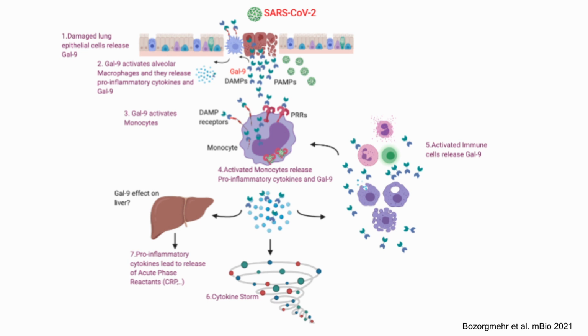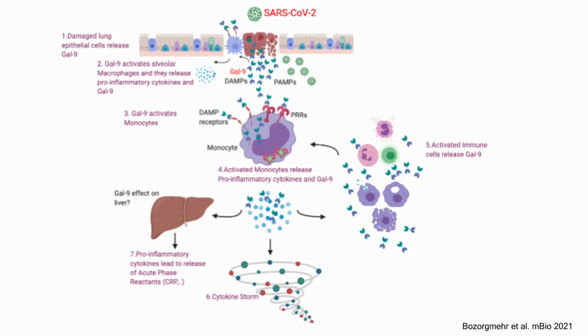And we propose this cartoon that in the context of SARS-CoV-2, because we have damage in the respiratory tract, they release galectin-9. And as I said, we have pathogen-associated molecular patterns, which are the viral antigens, and galectin functions as a DAMP, and then these alveolar macrophages become activated and start secreting galectin-9.